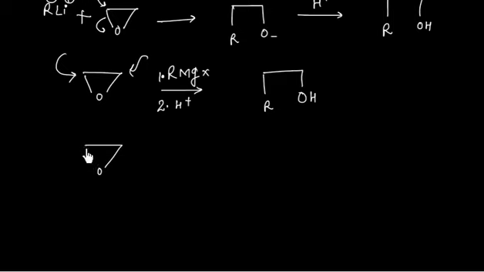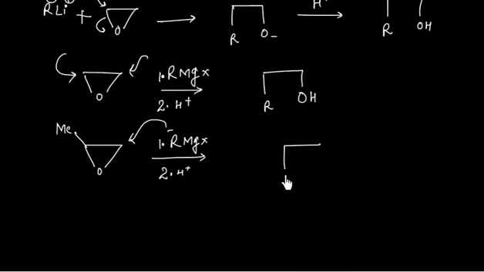But in case of an unsymmetrical epoxide, let us say this is an unsymmetrical epoxide, generally attack happens on the less hindered side. So this will attack this side, that is the less hindered side. So we will have R attached this side.